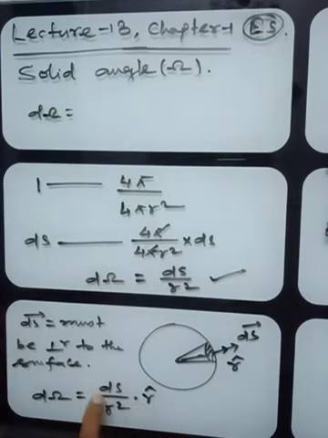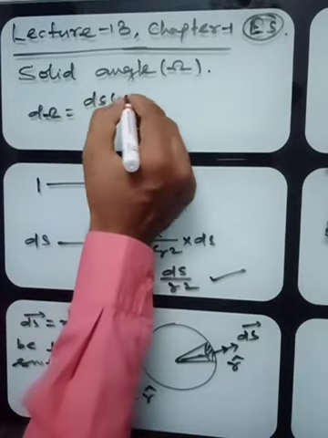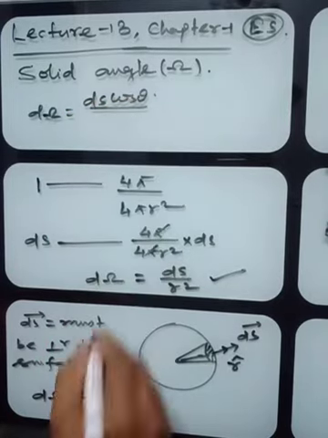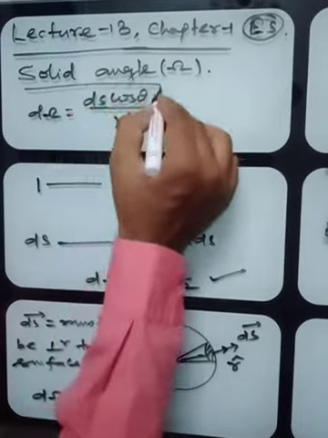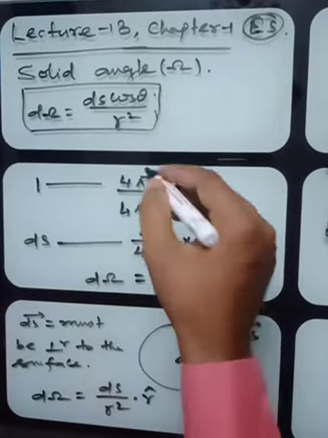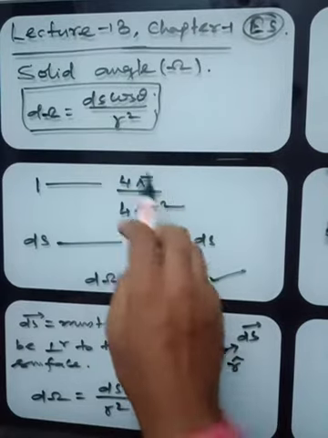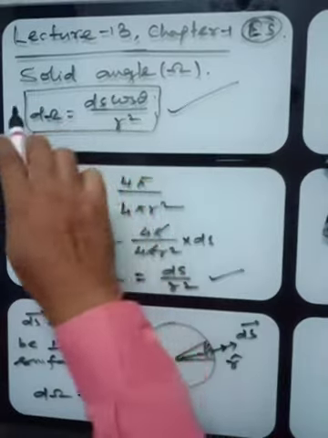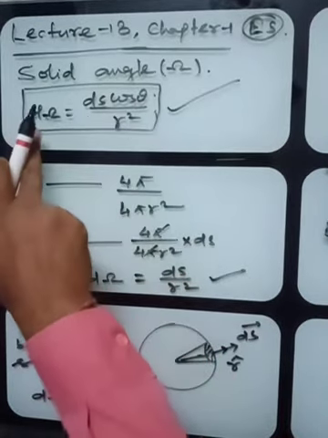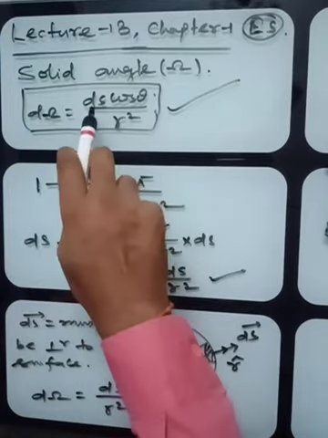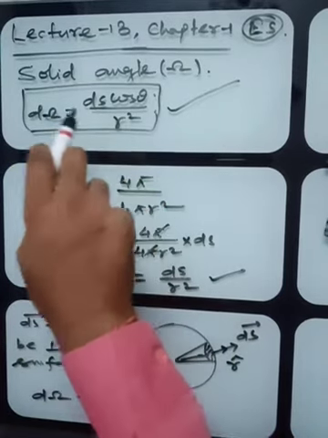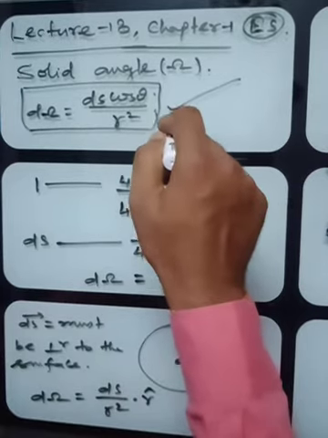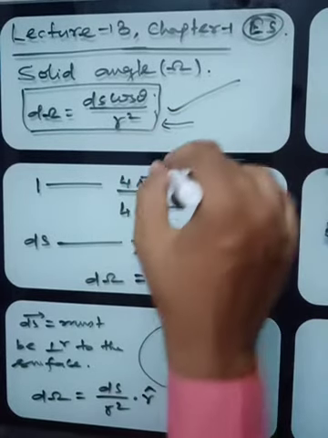These are vector quantities, so the cosine of the angle between them gives ds cos theta by r square. And this r is nothing but the radius of the sphere we have taken. So you have to remember this formula: the elemental solid angle equals ds cos theta by r square. The same derivation or concept you will use to verify Gauss law.